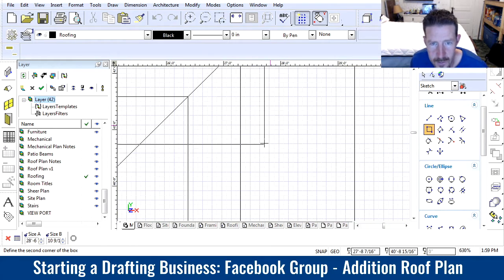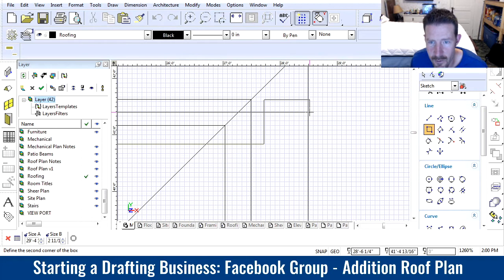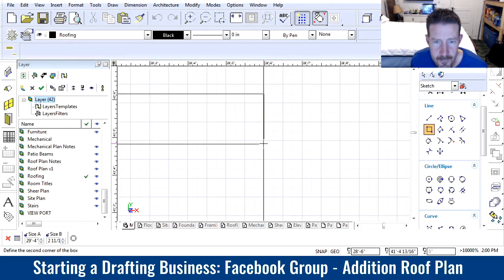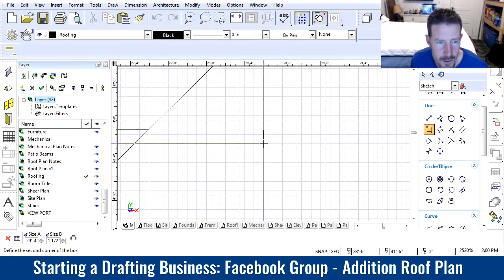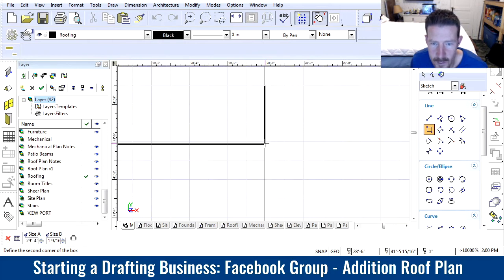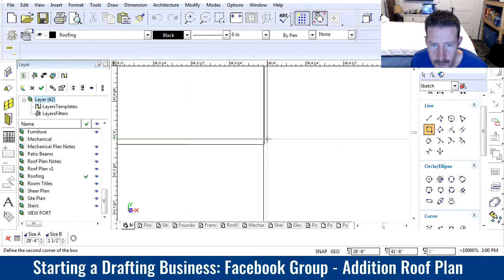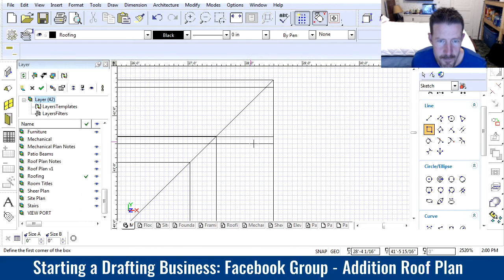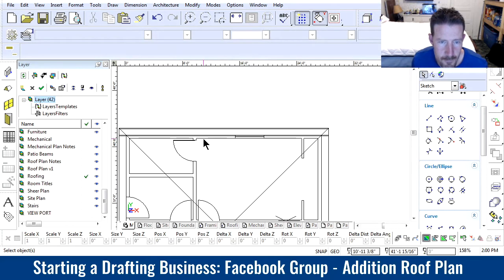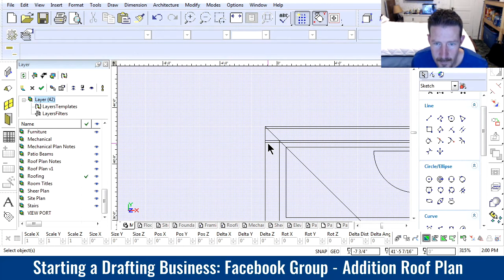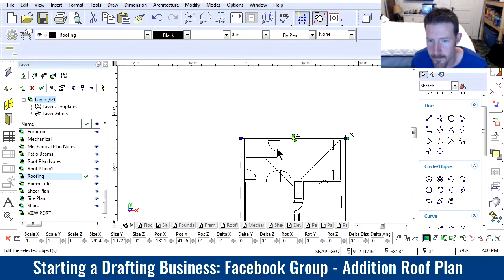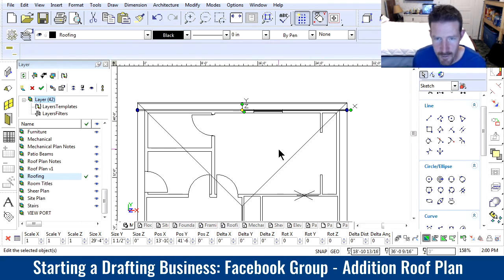If the wall is supposed to line up on the 1/2 inch and it's not, I'll just zoom in and find it there where it's supposed to be. There we go. Alright, so this is an example. This is one of the trusses. It's going to go right there.